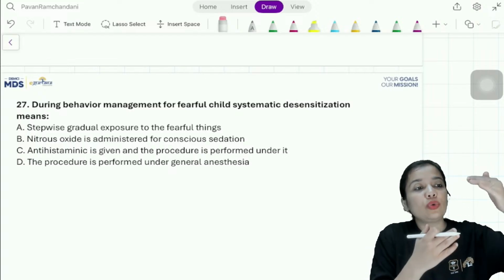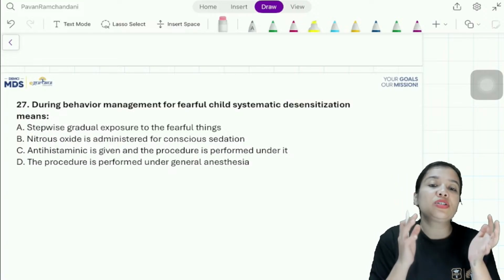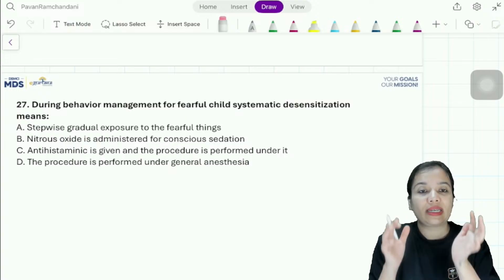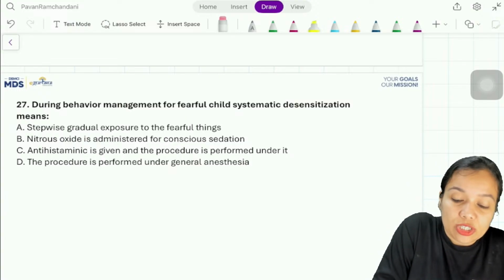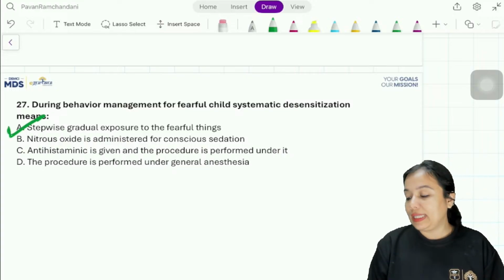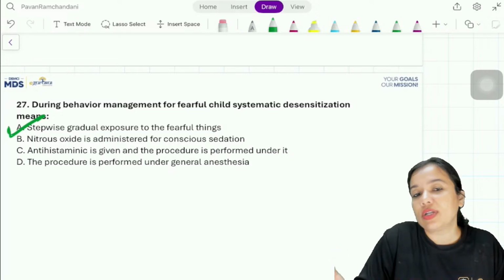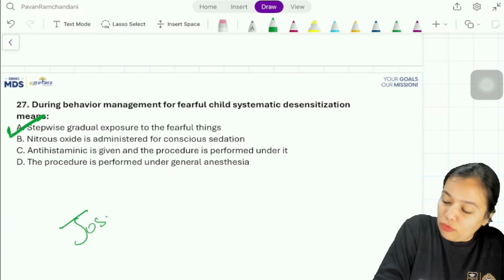So eventually, step by step, you're increasing the intensity of the treatment, and that is called systematic desensitization. So that is stepwise gradual exposure to fearful things. It was basically introduced by Joseph Wolpe.